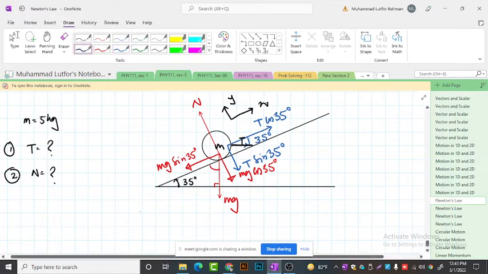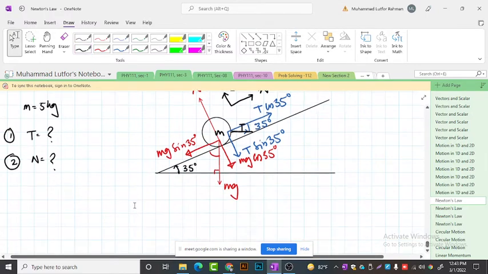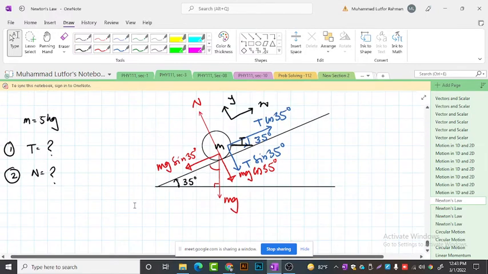Right? Yes. Fine. Since the total system is stationary, not moving at all, for the first one, since I'm going to find T from there, I'll write that the net force along the x-axis must be equal to 0 because it's not moving at all.